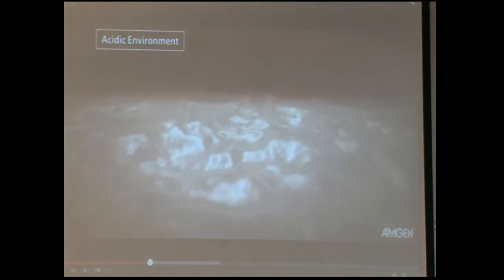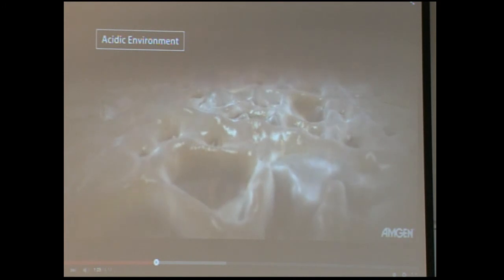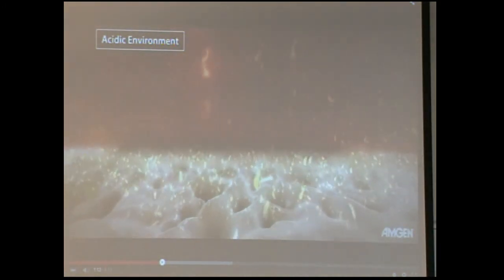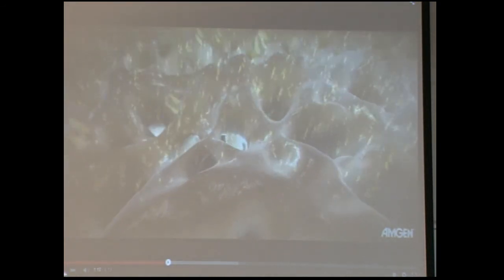Within this zone, the osteoclasts create an acidic environment that dissolves the bone's mineral content. Once the mineral content of the bone has been dissolved, enzymes released from osteoclasts remove the remaining collagenous bone matrix to complete the process of resorption.